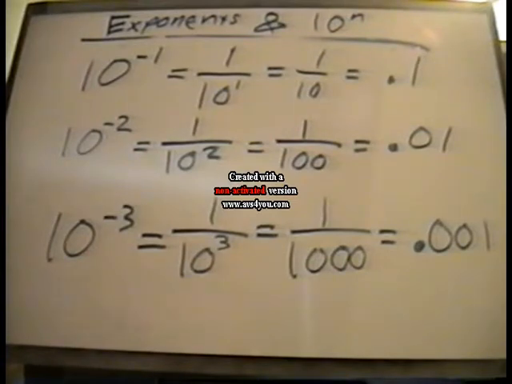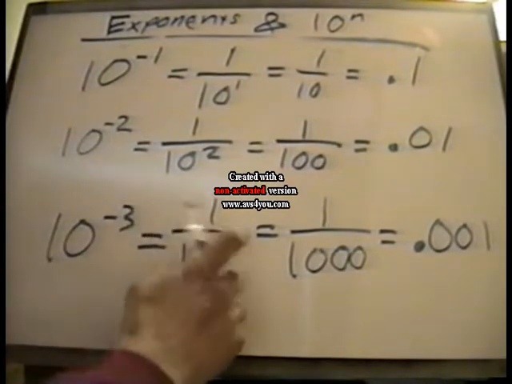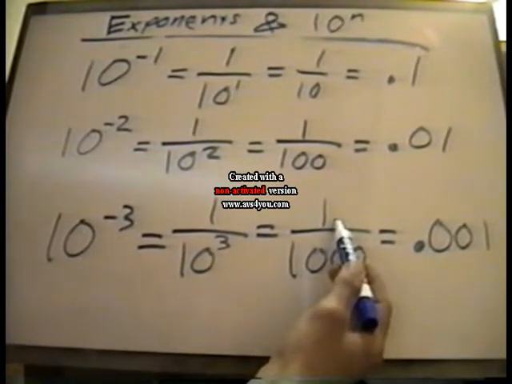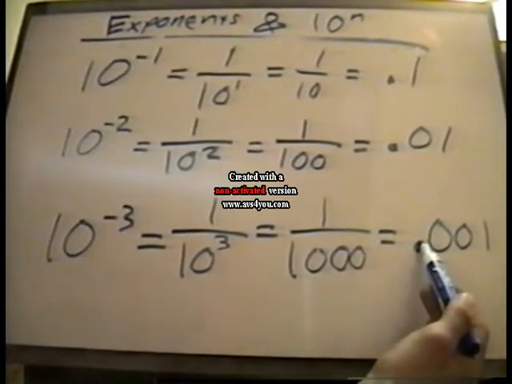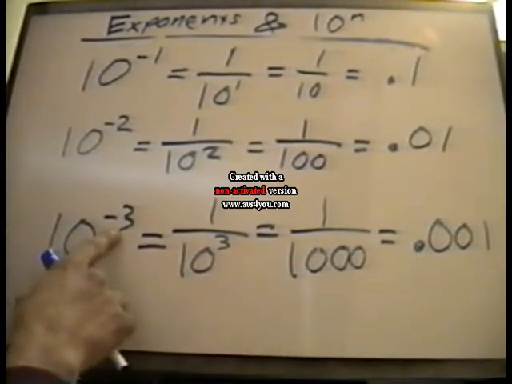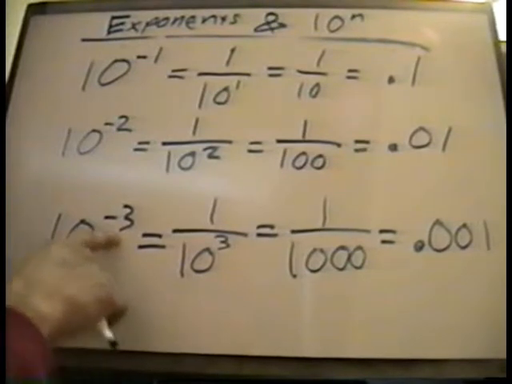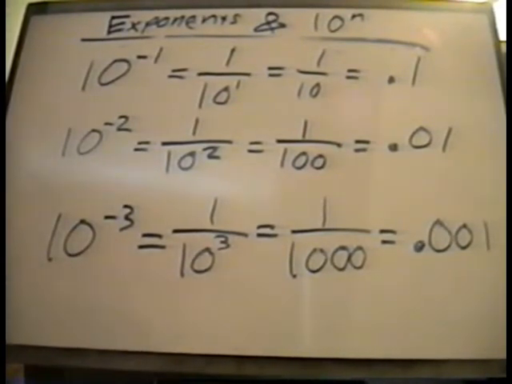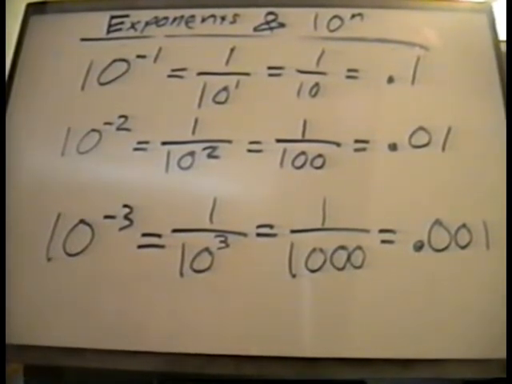Now, to divide 1 by 1,000, you move the decimal point from the right of 1, 3 places to the left, because the 3 tells you how many times to move the decimal place. The negative sign tells you that you're moving the decimal point to the left. Now here we use the decimal point shift method.